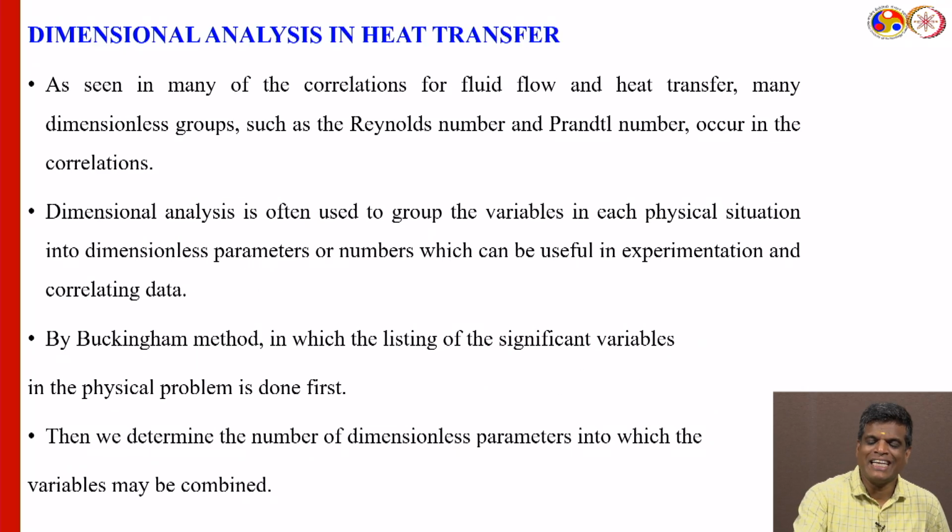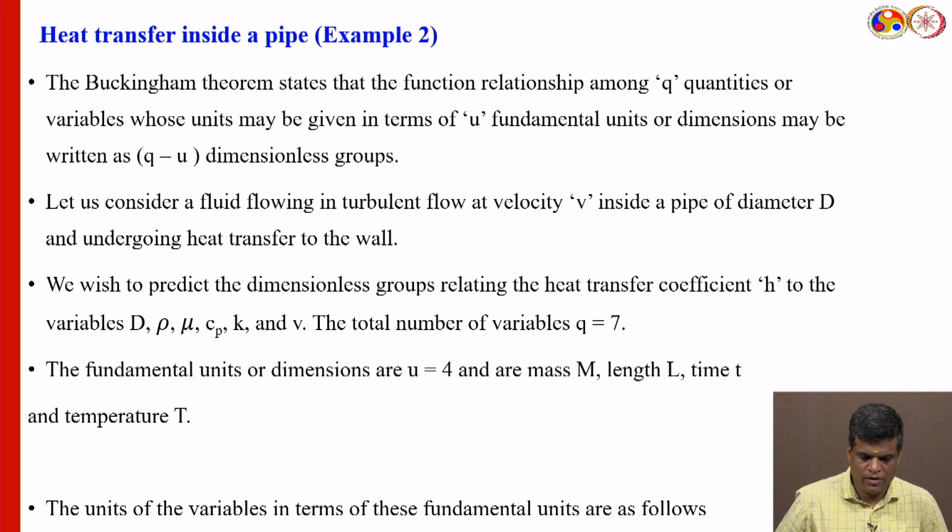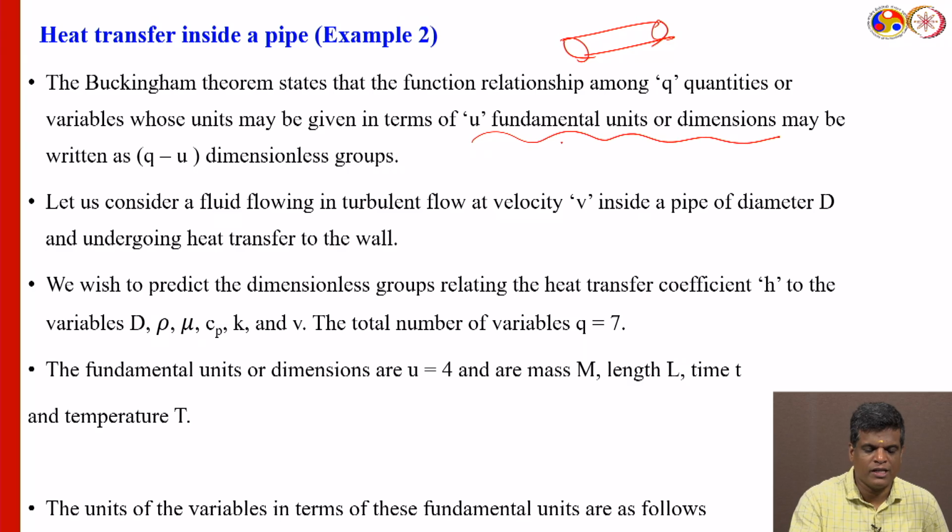So far we discussed dimensional analysis in the MLT system. Then what about heat transfer here? Same way, we are going to use the Buckingham method, but here the variables are for heat transfer in a pipe. Here, q minus u, same way: q is the total number of variables, and u is the number of fundamental dimensions, like mass, length, time.